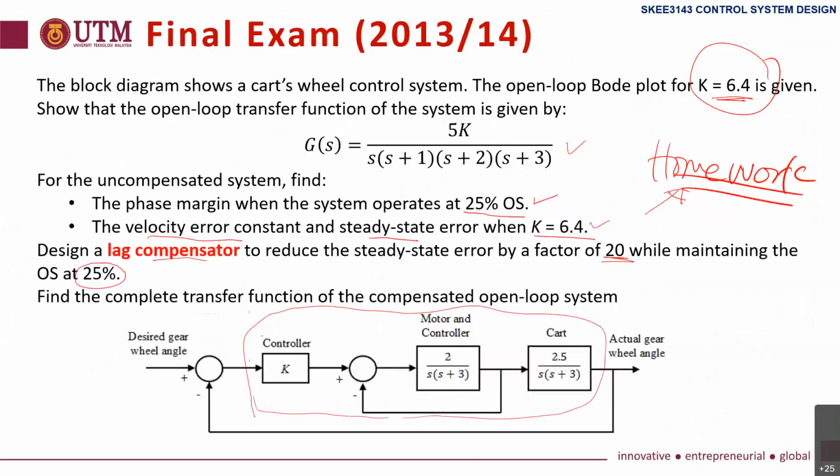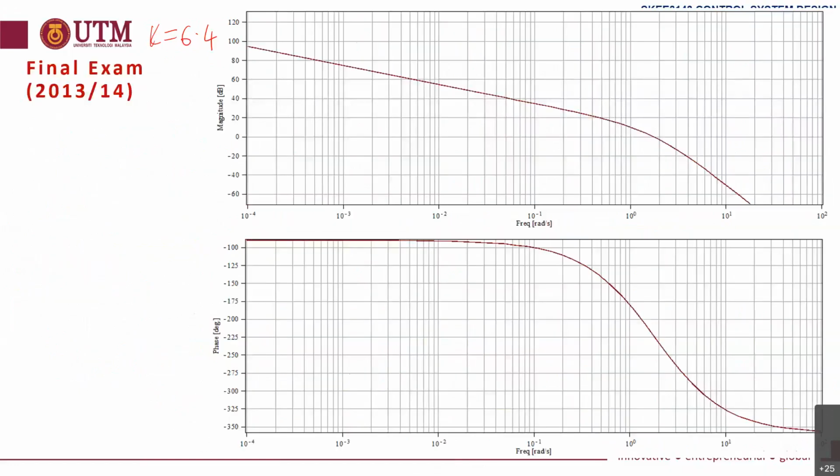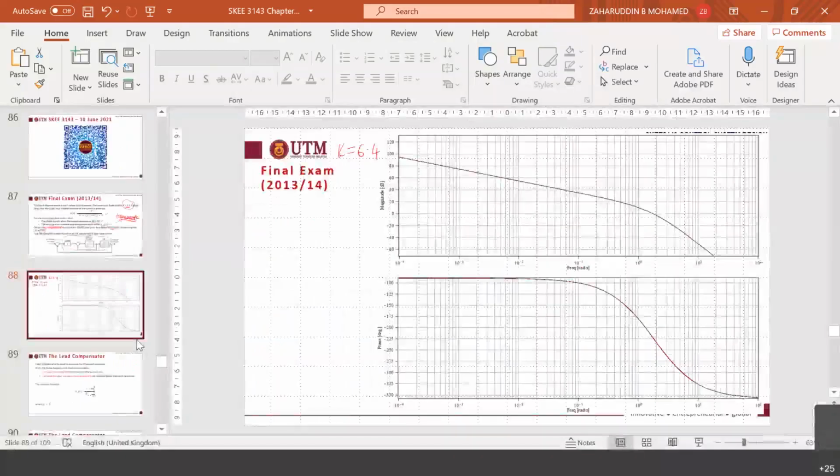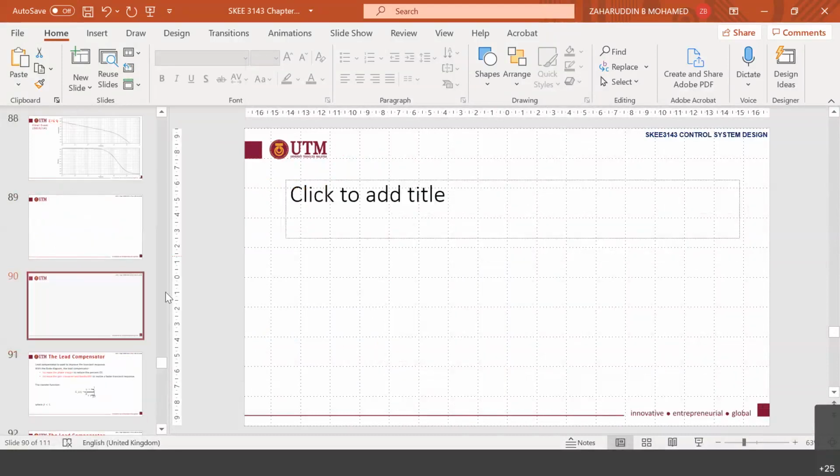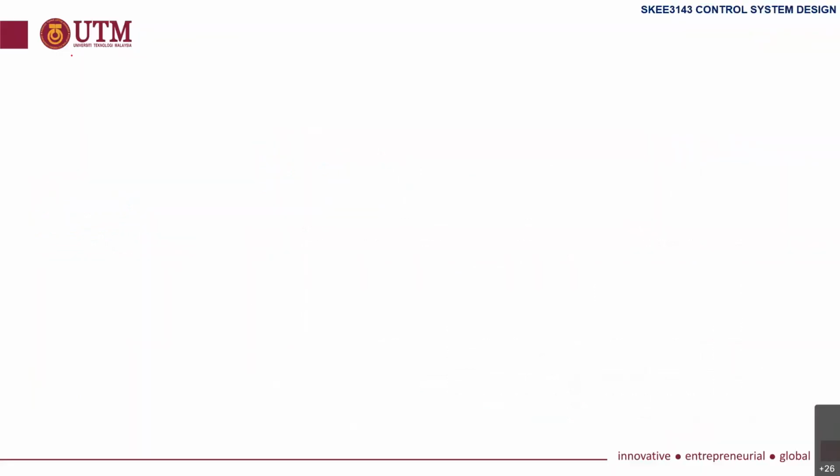Okay, here. Overshoot 25%, zeta 0.4, phase margin 44 degrees. That is the first question.